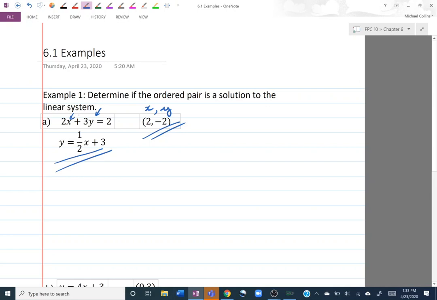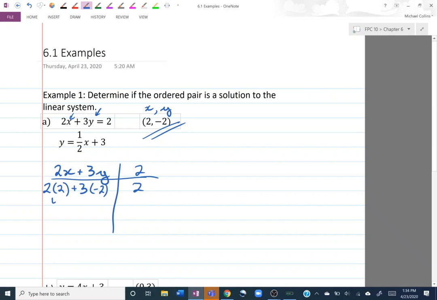What we want to do is see if the left-hand side is equal to the right-hand side. So I'm going to make a little table. I've got on one side 2x plus 3y, and on the other side 2. I'm going to take my points and plug them in. I've got 2 times 2 plus 3 times negative 2. And on this one, since I've got no variables, I can just write down 2. 2 times 2 is 4.